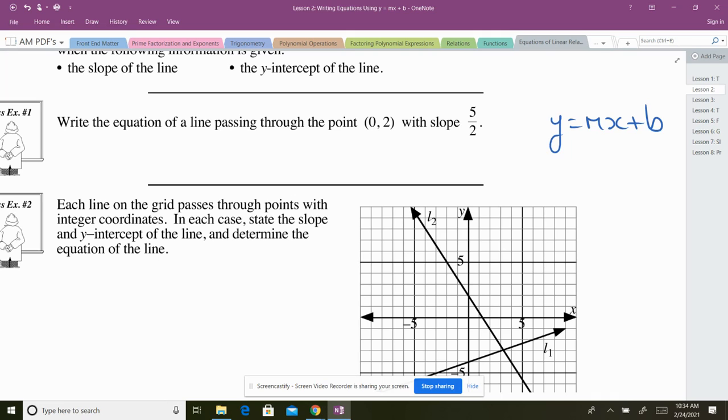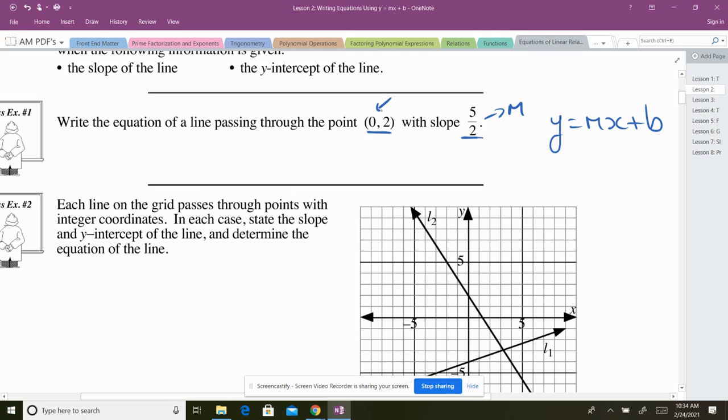They tell us we have an equation of a line passing through the point 0, 2, and it has a slope of 5 over 2. As soon as you see the word slope, you know that that is your m value. They tell us it passes through the point 0, 2. What is the value of x at the y-intercept? 0.